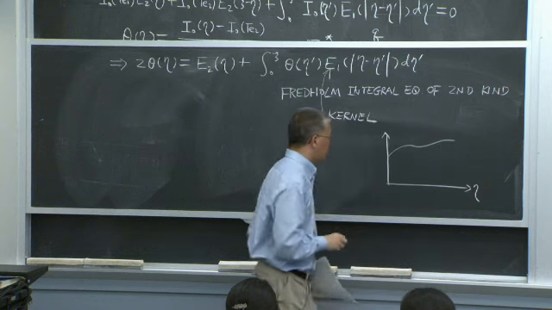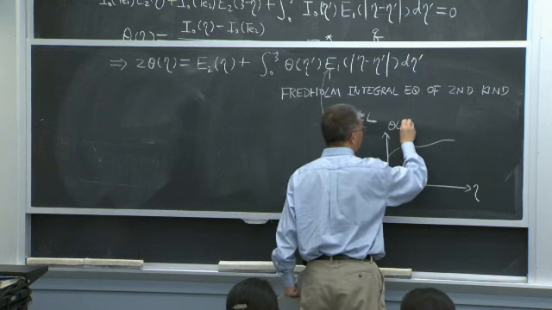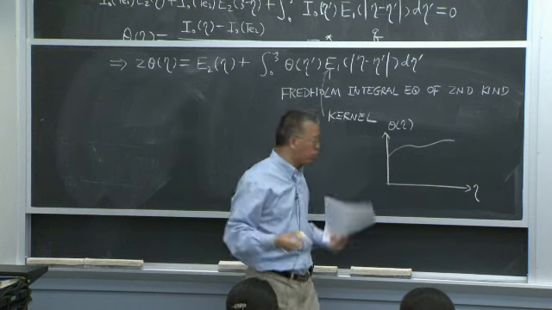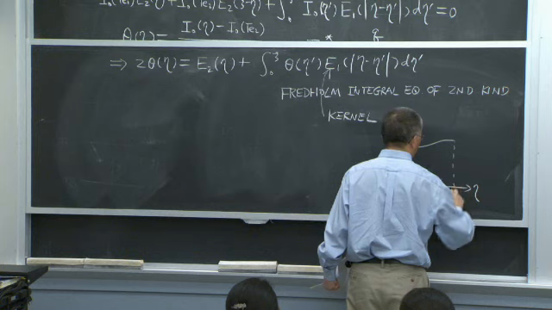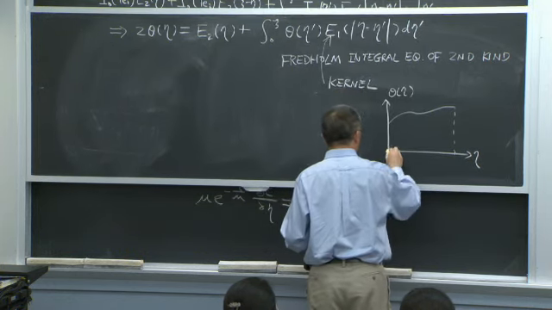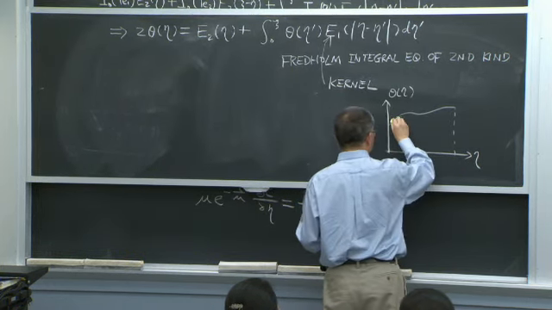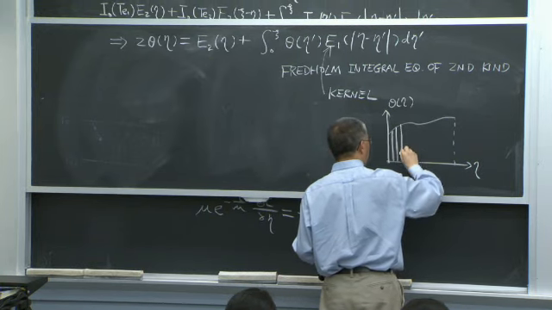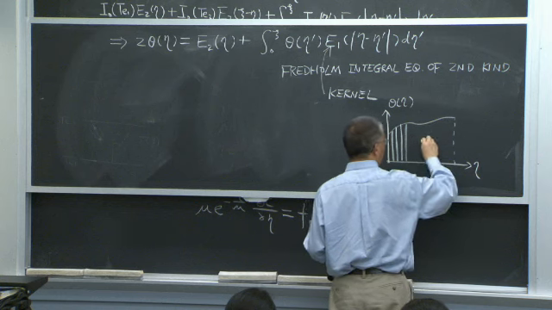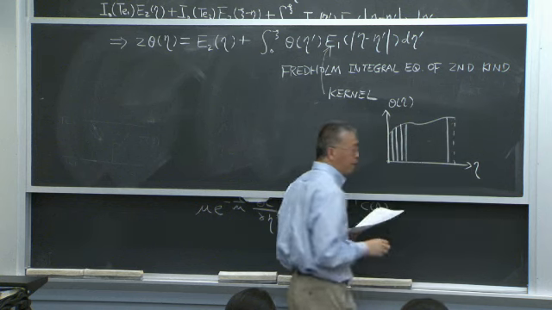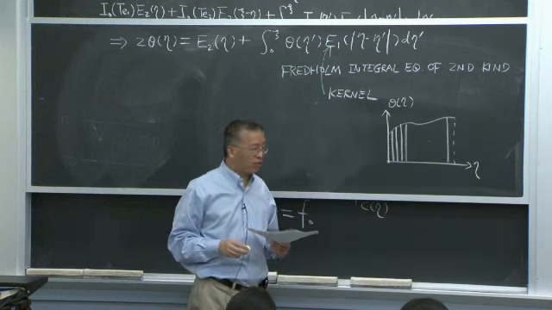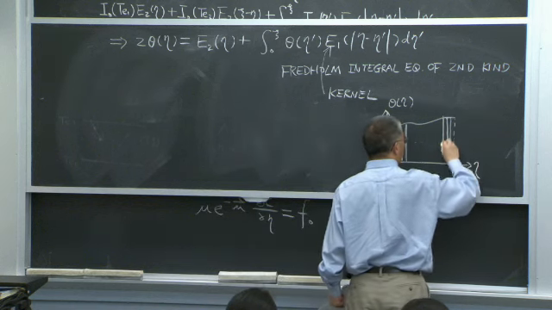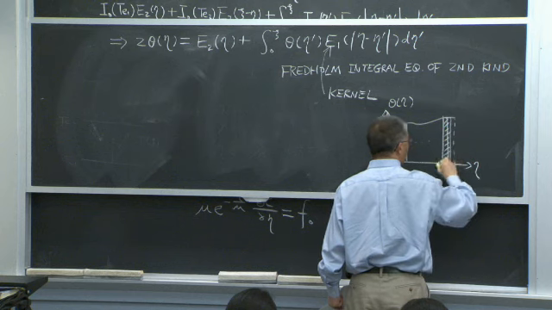Let's say this is my theta eta. And I divide this domain into n points. You can do the trapezoidal by equally dividing them, right? And for each trapezoid, you have the area as width times height.